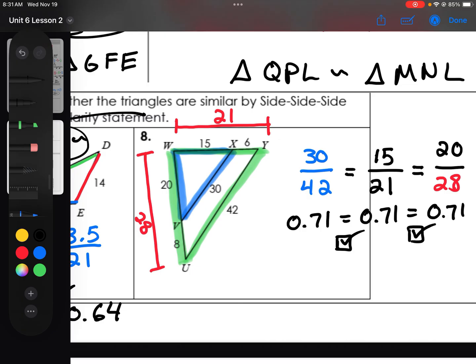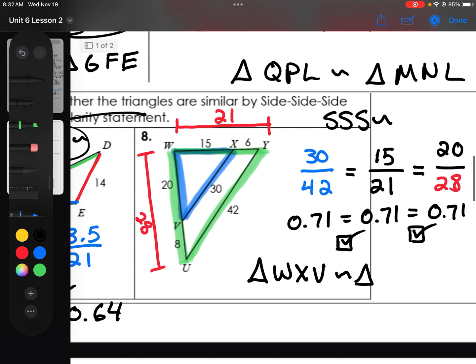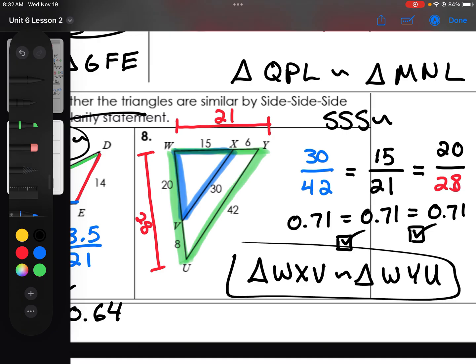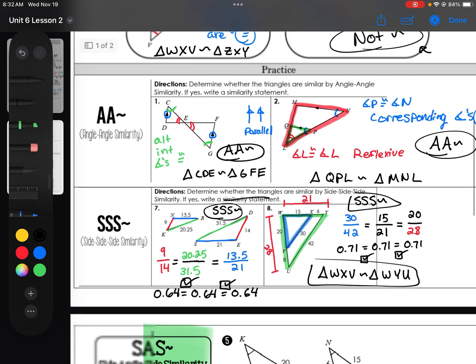So these two triangles are, in fact, similar by side similarity. So the similarity statement for this one is going to be triangle WXV is similar to triangle WYU. So that's your similarity statement, okay?